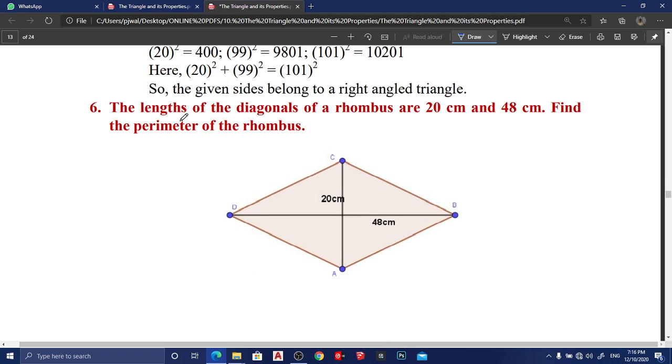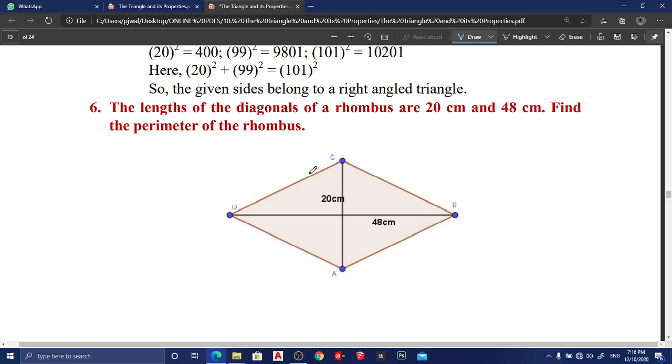Next one, 6th. The lengths of the diagonals of a rhombus are 20 centimeters and 48 centimeters. Find the perimeter of the given rhombus. Before solving this problem, you have to know some properties of the rhombus. So what is a rhombus first?